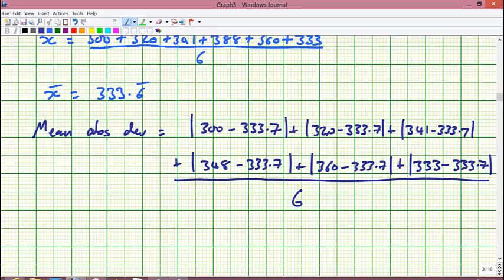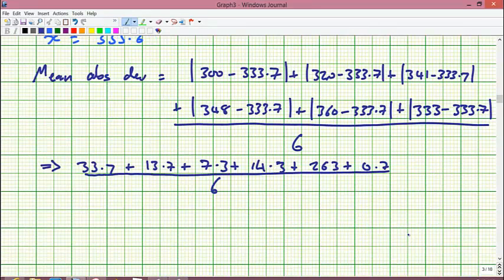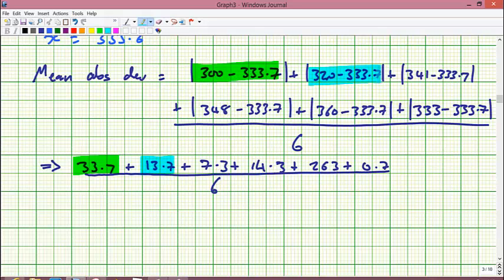Okay, so I'm going to just do that calculation quickly. Okay, so there's my calculation. Each component, so the 33.7 comes from here, 13.7 comes from here, etc. Okay, we add up those values.